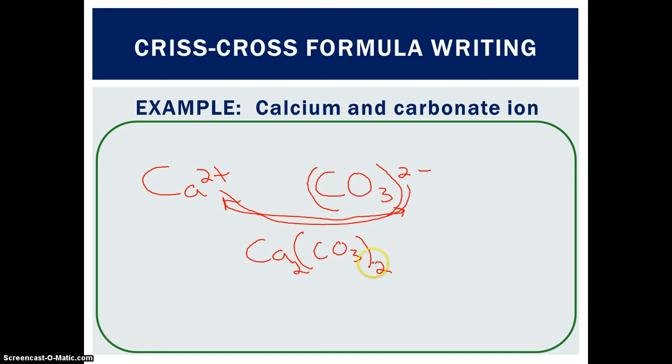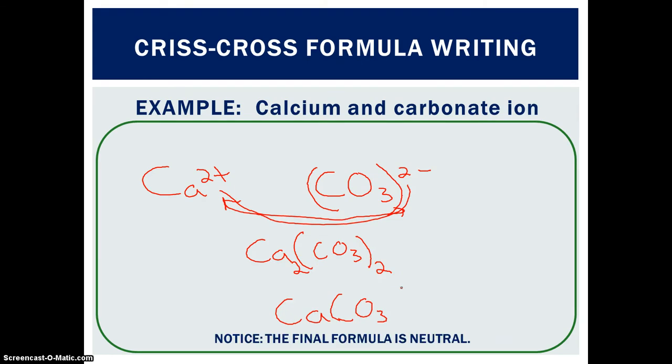But I don't need to keep that 2 there. I can factor it out. Divide both subscripts by 2. I get CaCO3. Notice I don't have the parentheses here anymore. You can keep them if it helps guide your eye. When there is no subscript outside the parentheses, you would no longer need it.